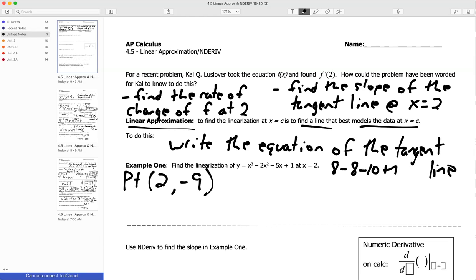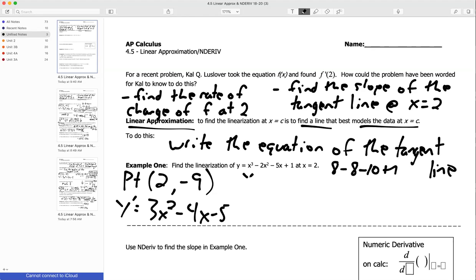And so now I need the slope. So I'm going to take the derivative. And so the derivative in this case would be 3x squared minus 4x minus 5. And so now I'm going to evaluate the derivative at x is equal to 2.